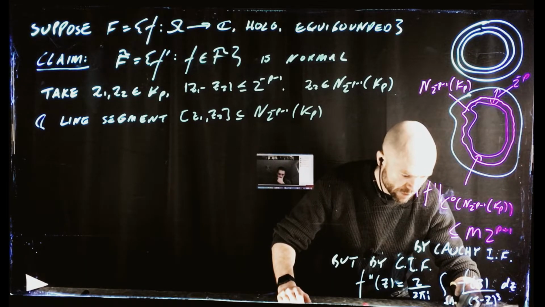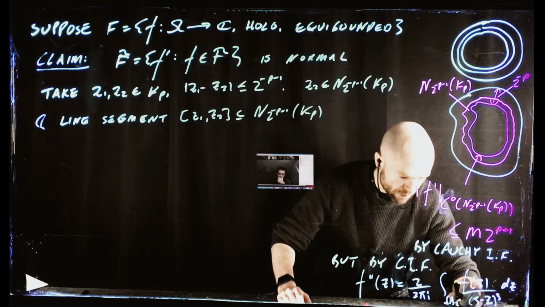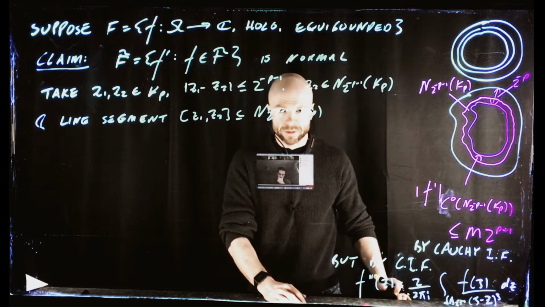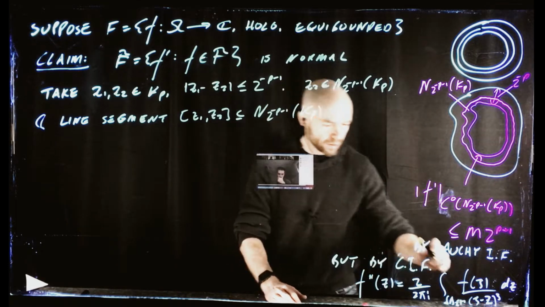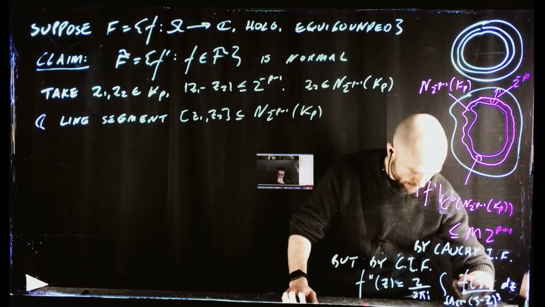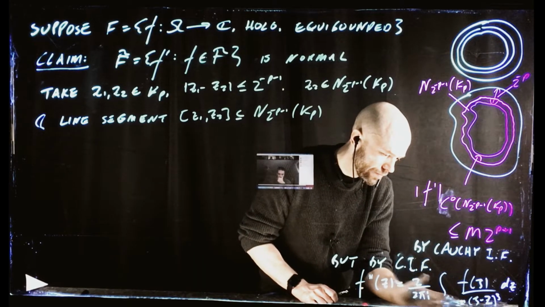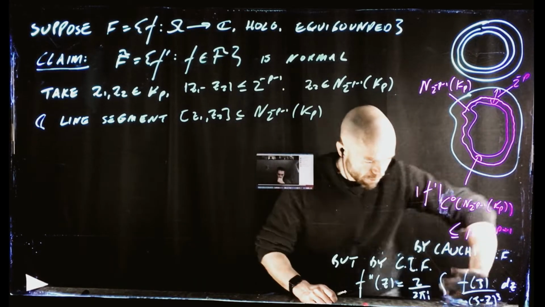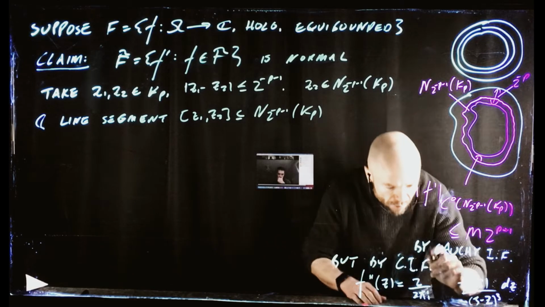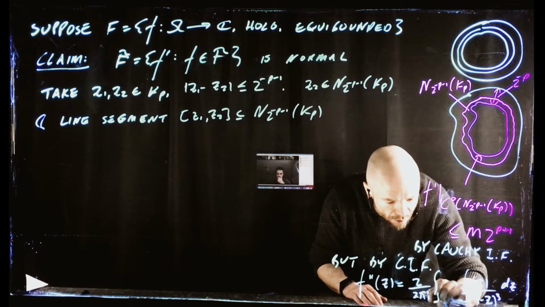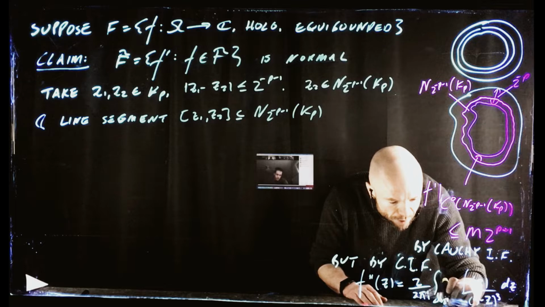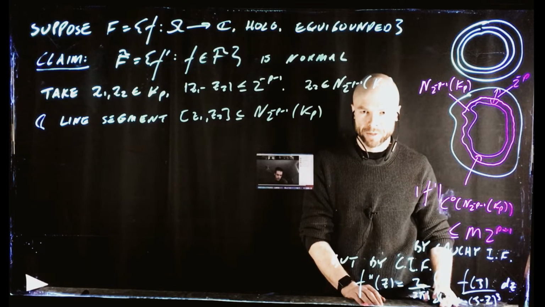But we're going to use 2 to the minus p minus 1 around z, like this, yeah?